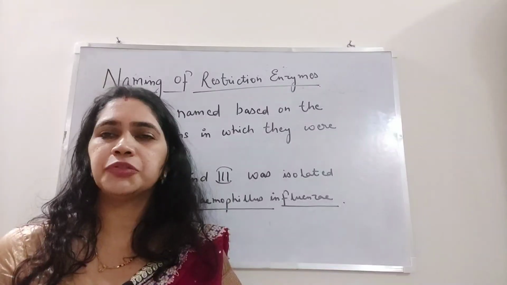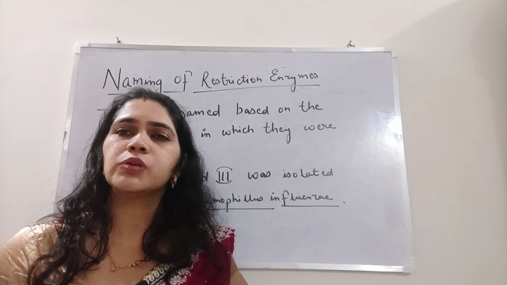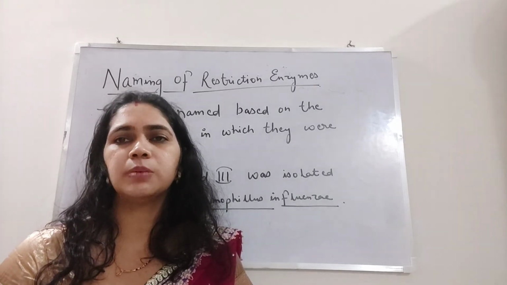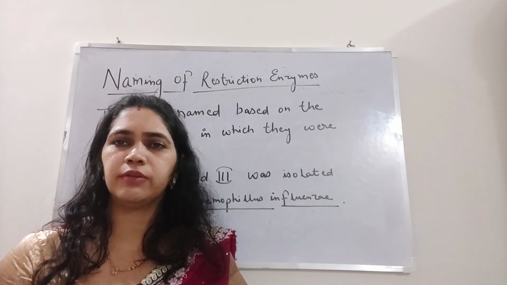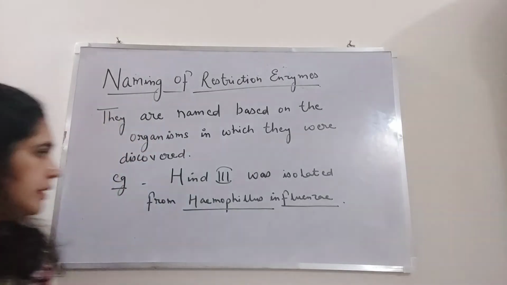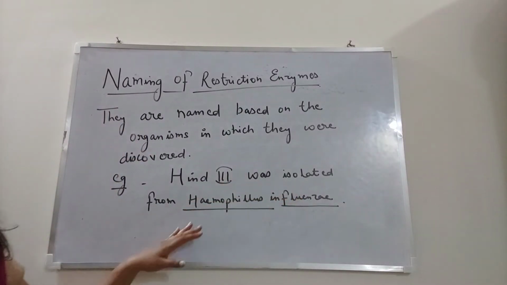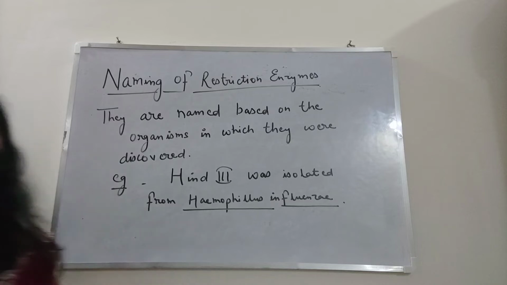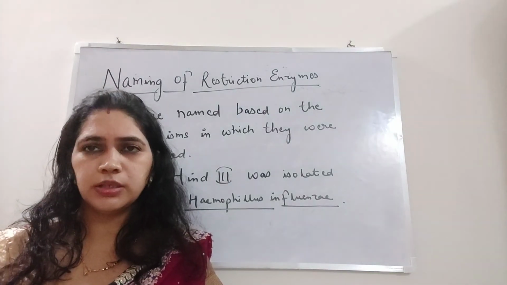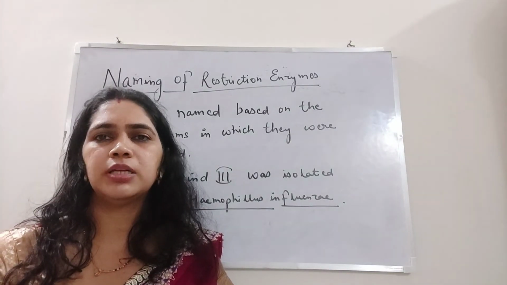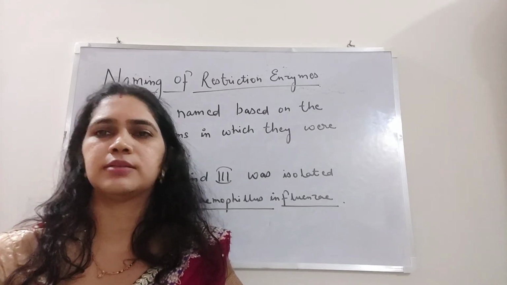Naming of restriction endonucleases. Restriction endonucleases are usually named on the basis of the organisms in which they were discovered. For example, HindIII was isolated from Haemophilus influenzae. Now, let us have a look at the general rules for naming the restriction endonucleases.